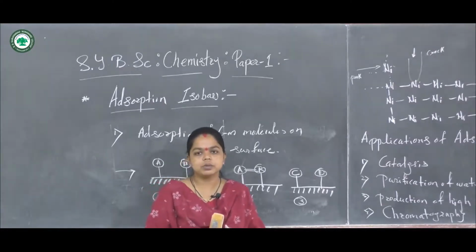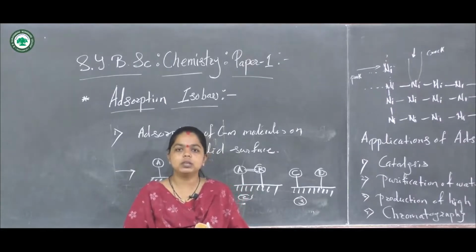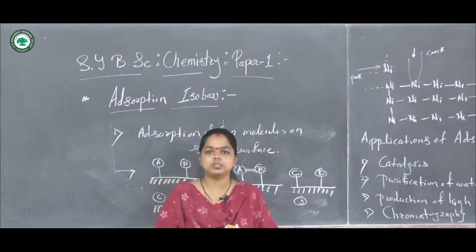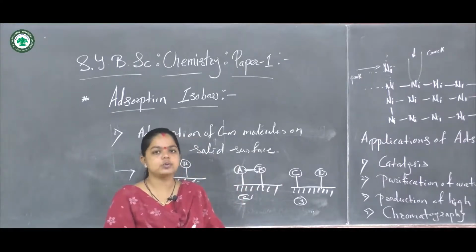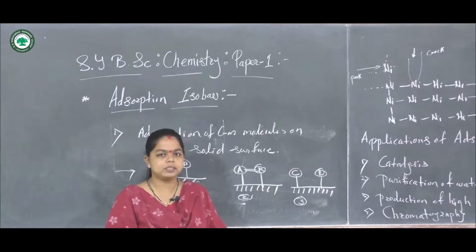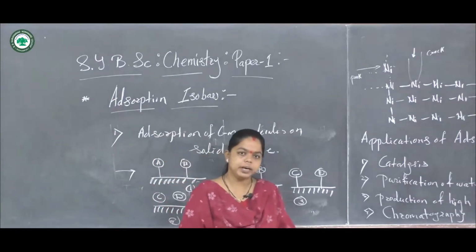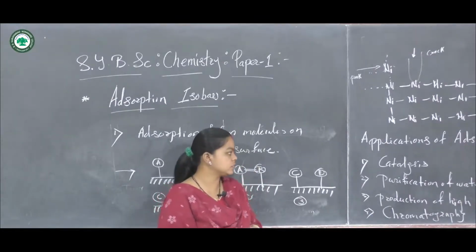So different types of indicators play an important role, they show the adsorption technique, and thereby they show the end point for the titration in the case of precipitation titration. So we can complete the reaction by using the adsorption indicators.